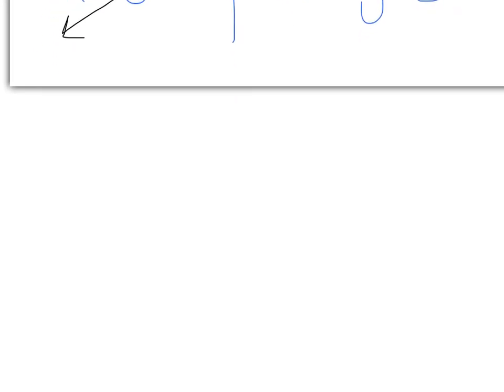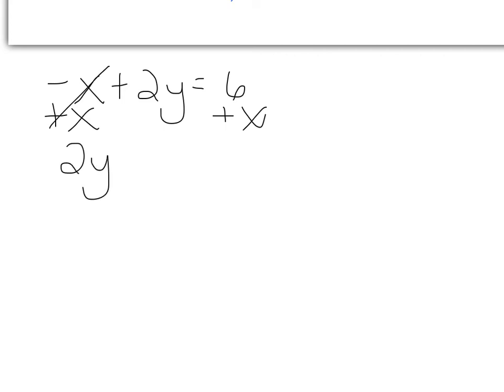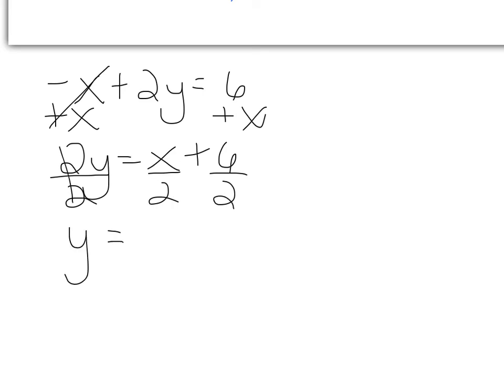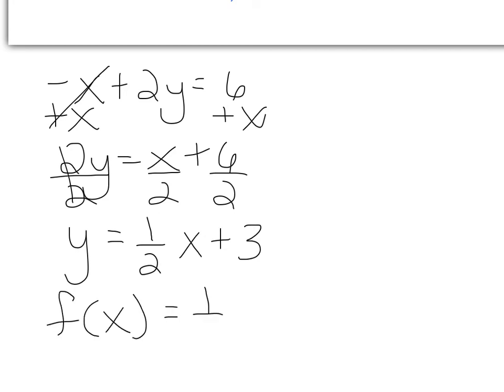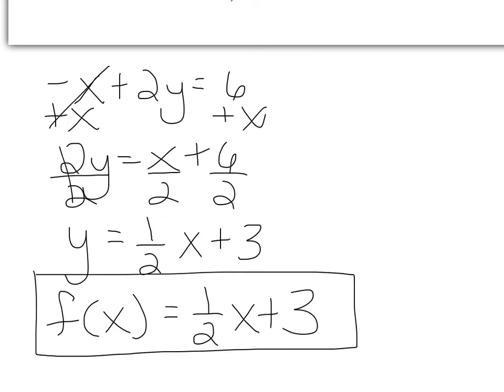And then in order to put it in function notation, you're going to say negative x plus 2y equals 6. So you're going to add x to both sides, giving me 2y is equal to x plus 6. Divide everything by 2, and you get y is equal to 1/2 x plus 3. And you're just going to change the y to f of x. And that is function notation.